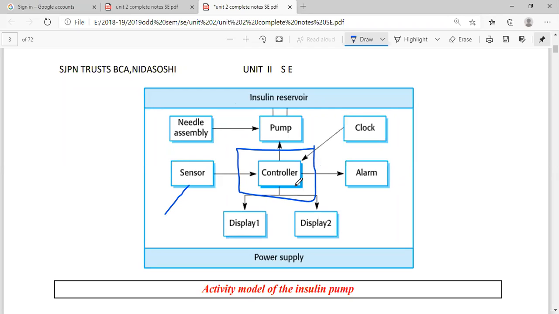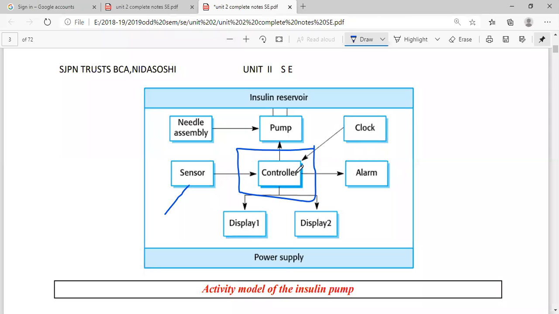After sensing that blood sugar, the controller will take that value. And then you can also set using display 1 or display 2. You can also set the value, and while setting that value, it is displayed on the screen. Your blood sugar level is also displayed on the screen. So on the screen, you can see your blood sugar levels, and you can also set what amount of insulin has to be given to the patient.